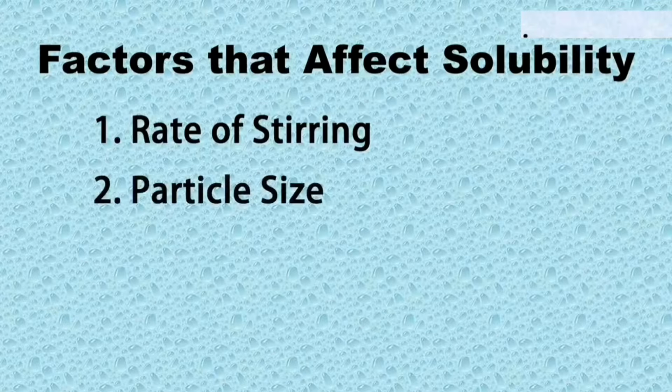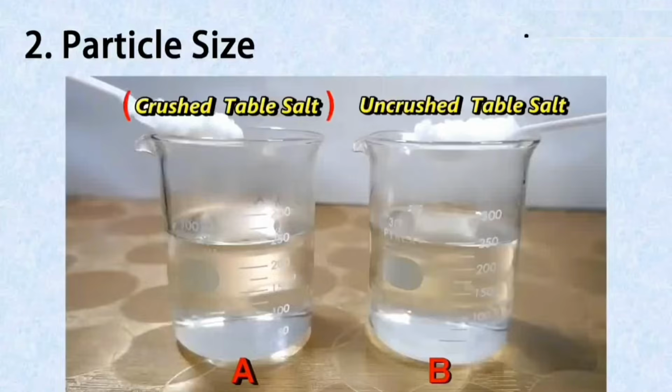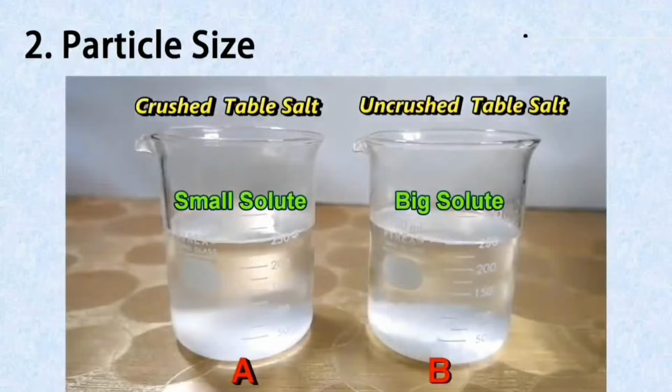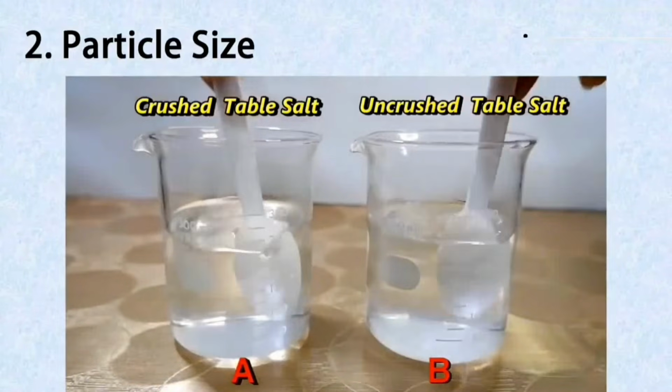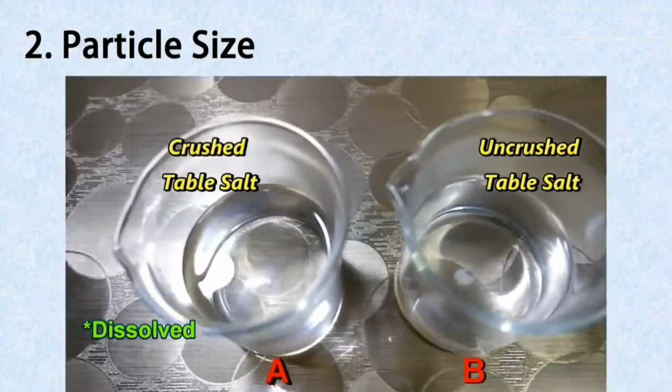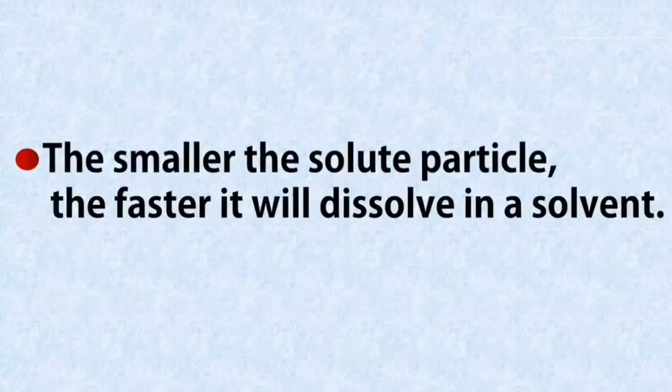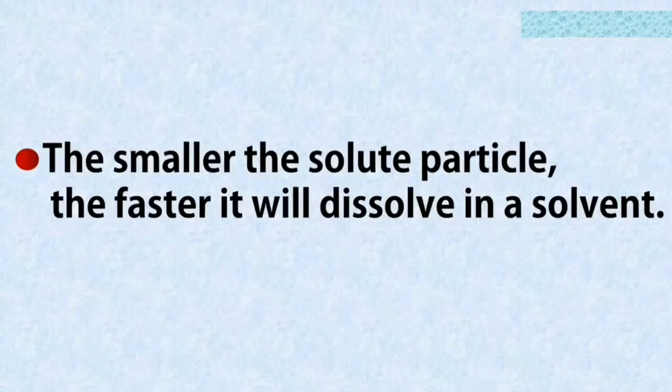Number 2, particle size. The smaller the solute particle, the faster it will dissolve in a solvent.